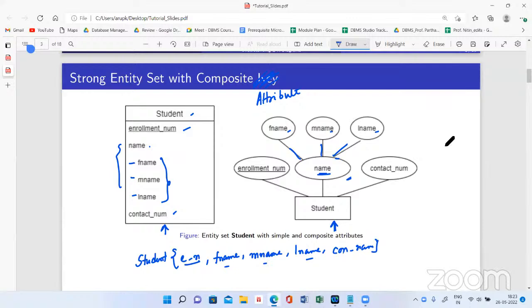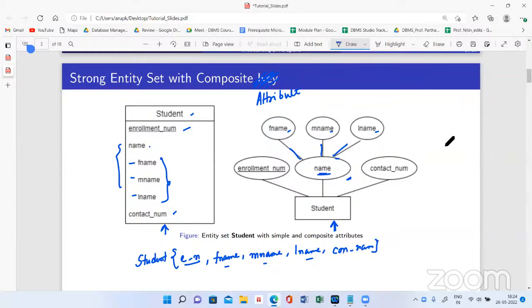Sir, for this composite attribute name, the way you have written it in the student relation, you are putting first name, last name, and the middle name. Will it not be a good idea to separate that out into a different table and reference it with a foreign key?